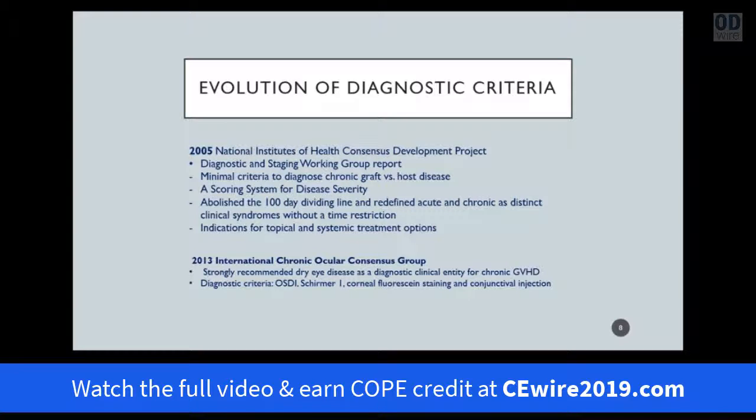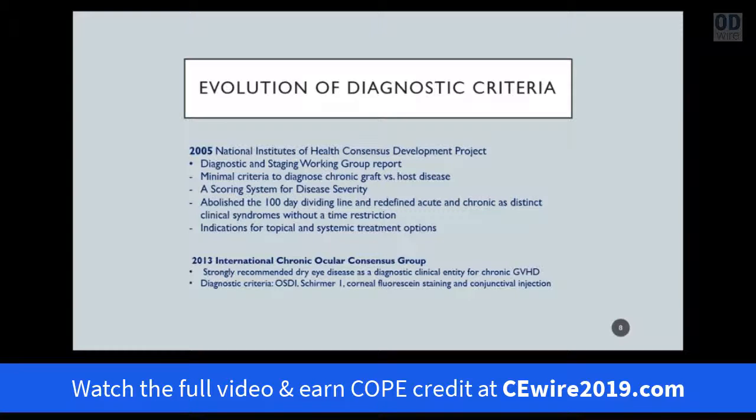They outlined the minimal criteria to diagnose chronic graft-versus-host disease, gave us a scoring system for disease severity, abolished the 100-day dividing line, and redefined acute and chronic as distinct clinical syndromes without a time restriction. And they gave us indications for topical and systemic treatment options.